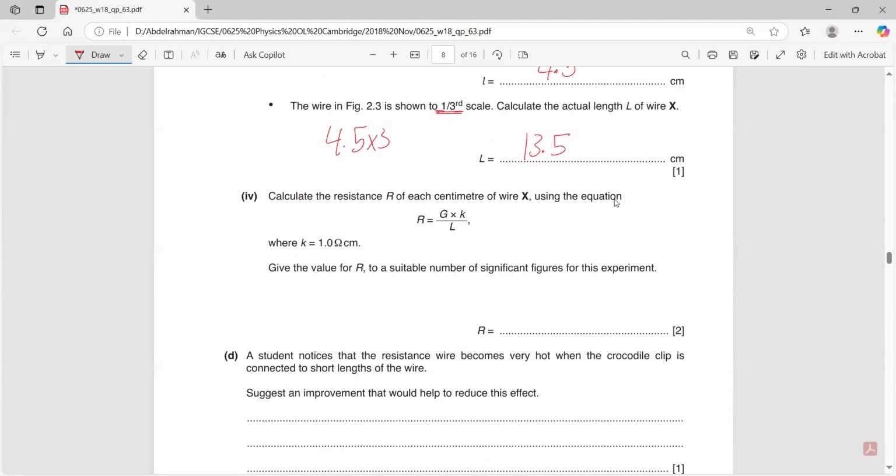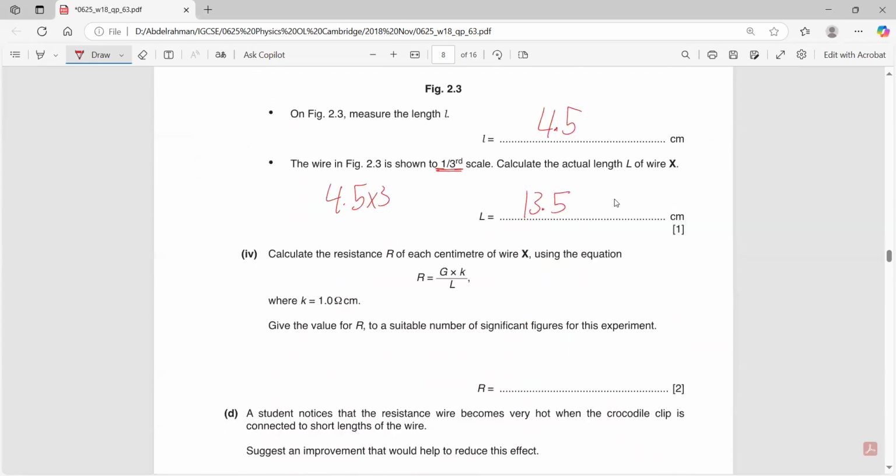And then, can I find the resistance? G times K over L. Yes, G, the gradient, which I found, which was 2.7. 2.7 times K, which is 1. K is just 1, to remove the centimeters. So you need the resistance to be in ohms. And then the length, the capital L, which is 13.5.